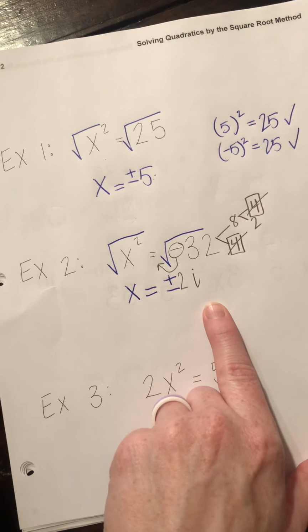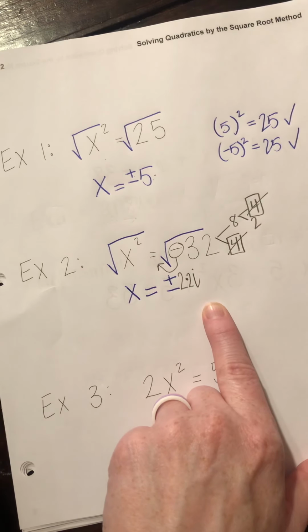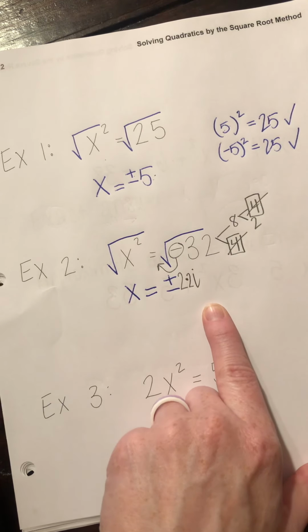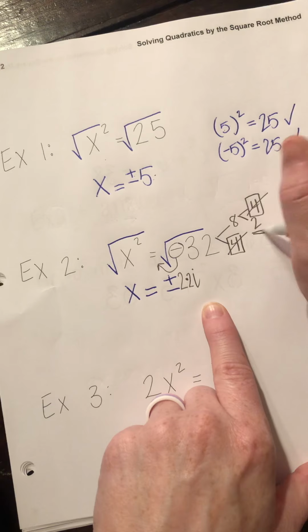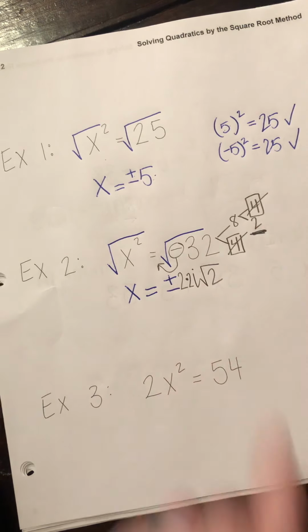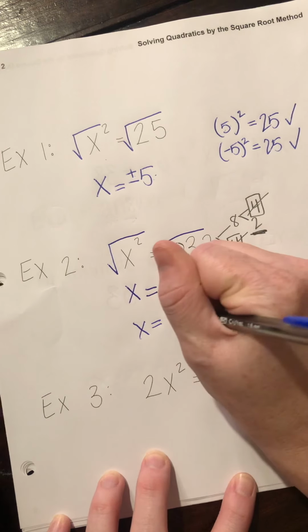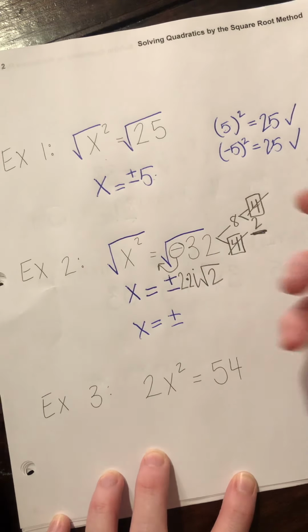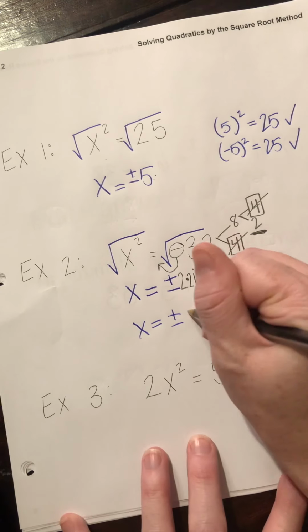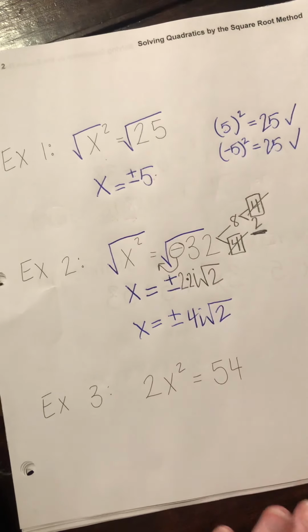The square root of this 4 is 2. I'm going to multiply the two 2's together that I take out. Now this 2 that's left over is going to go back under the radical. So my final answer is x equals plus or minus 4i square root 2.